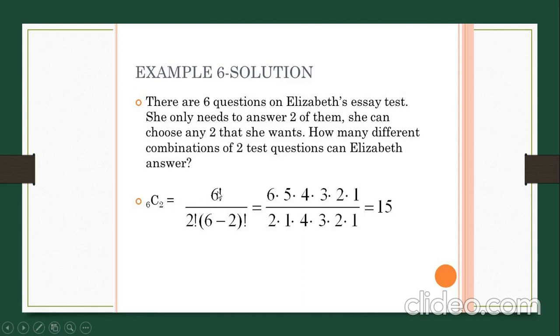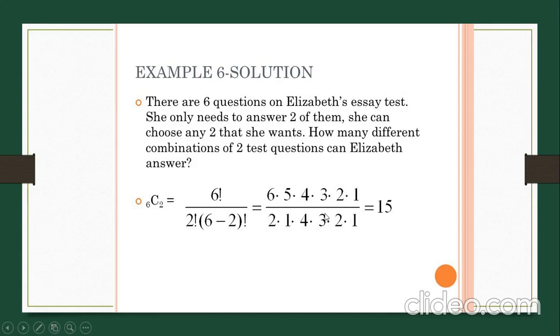So that is equal to 6 factorial divided by the difference of 6 and 2 factorial multiplied by the 2 factorial. So we have here 6 factorial, that is equal to 6 times 5 times 4 times 3 times 2 times 1. And then you have the 2 factorial, which is 2 times 1, and 4 factorial, we have 4, 3, 2, and 1.